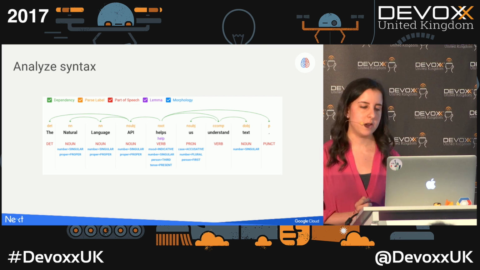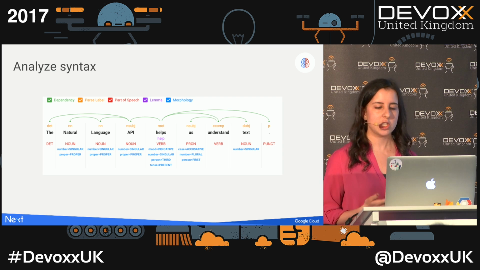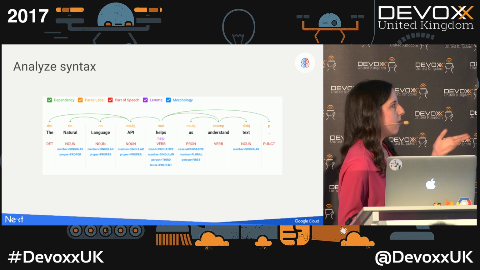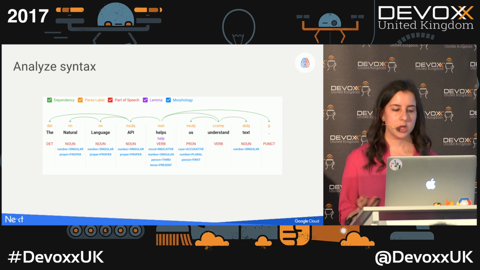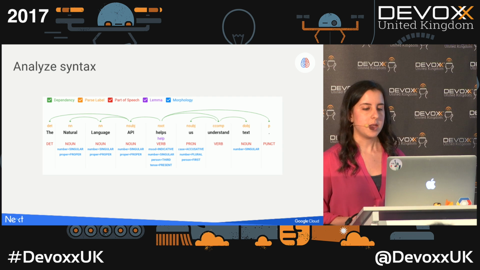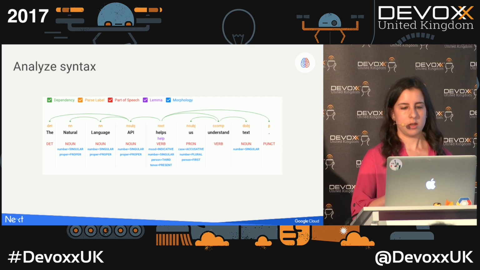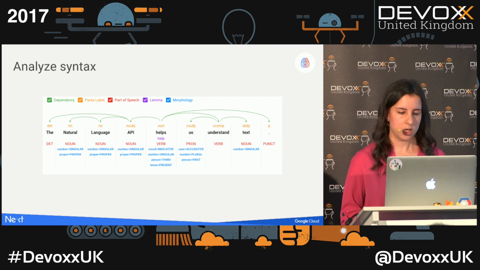In red, we have the part of speech, noun, verb, adjective. And then in blue, we have additional morphology details. So is it in first or second or third person? Is it singular or plural? Is it a proper noun? Things like that. And there'll be additional details for other languages other than English here.